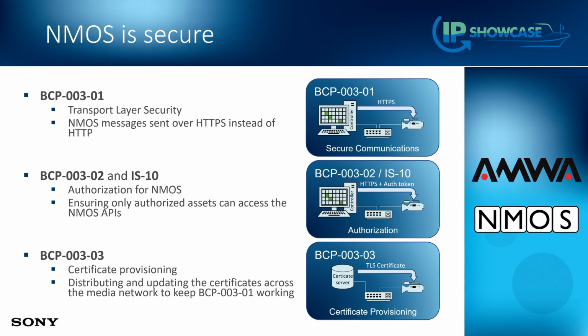And that ensures that only users that are allowed to access these devices, or other devices that are allowed to access other devices on the network, and so on. So we've got the BCP that explains how to do that, and then also IS-10, which is the authorization API of how you actually get those tokens.